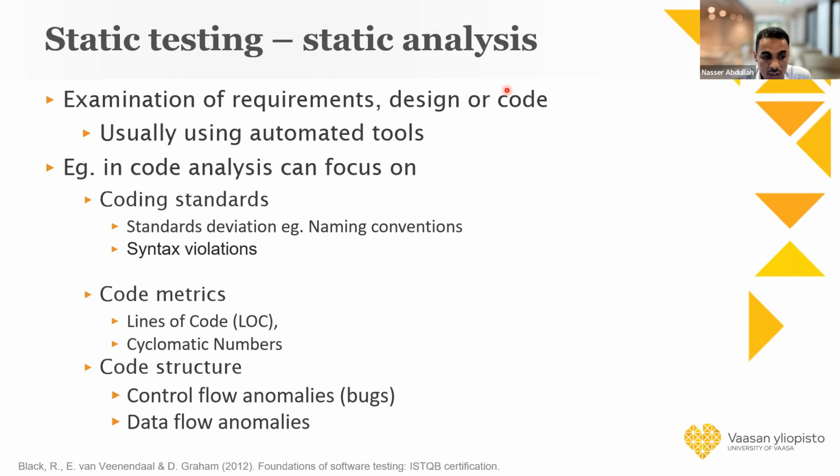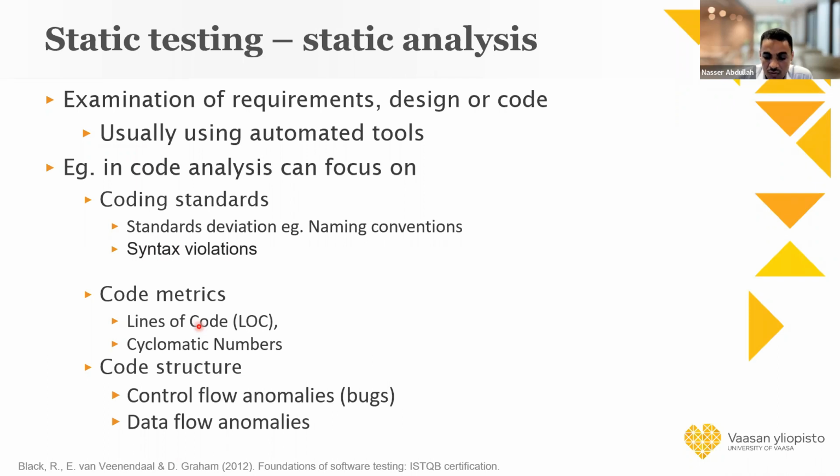The second thing is called the code metrics. The first is the number of lines. The second one is the cyclomatic number. This is a method to calculate the complexity of your code.